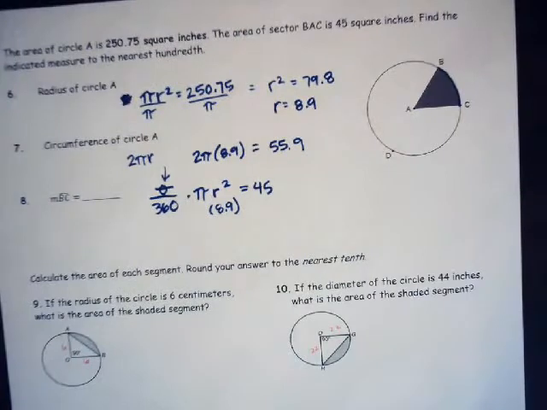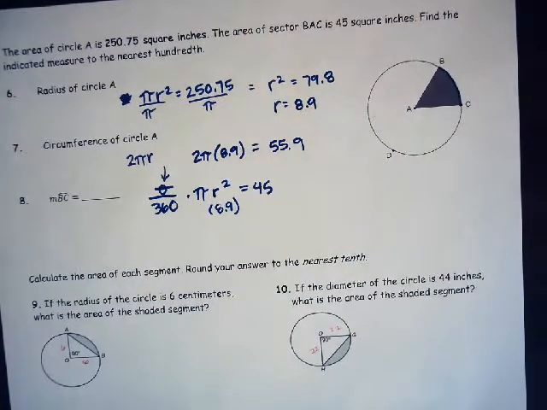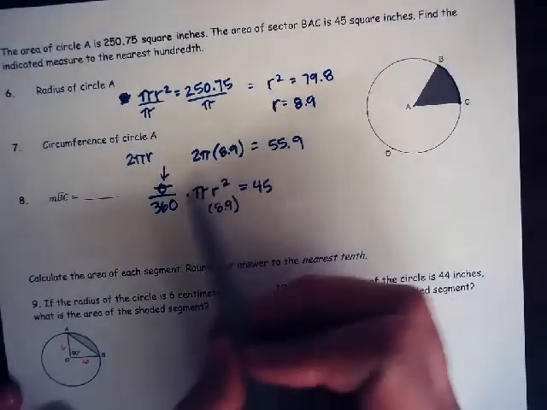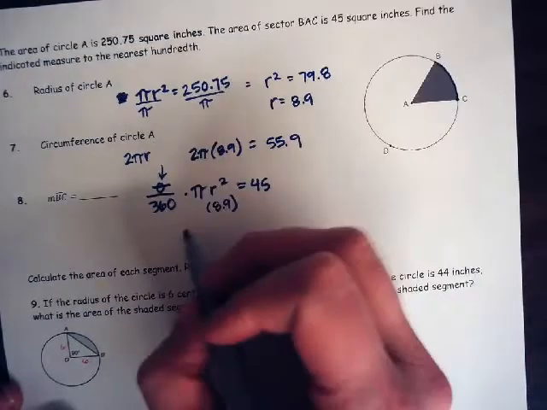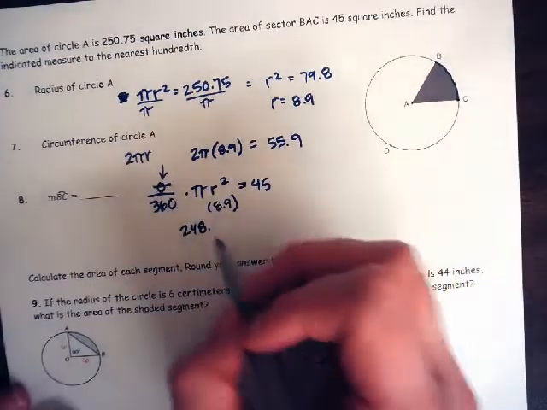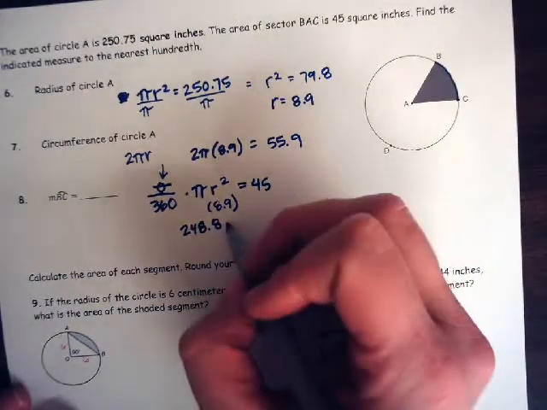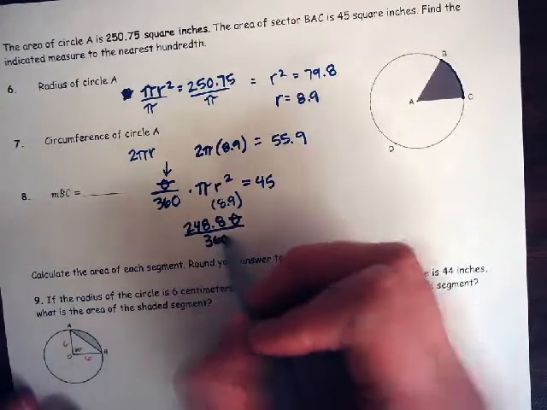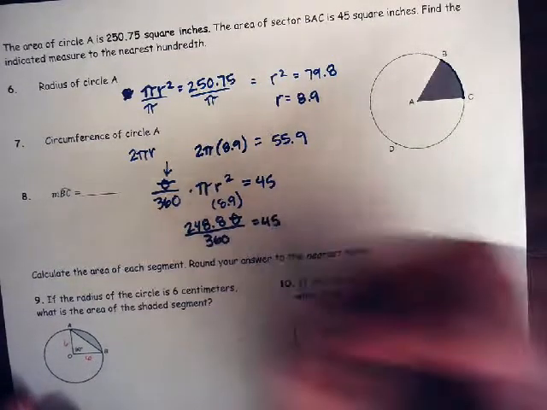So if I take pi times r squared and I multiply that out, I get pi times 8.9 squared. It's 248.8. So this portion right here is 248.8. So I'm going to rewrite this as 248.8 times theta over 360 equals 45.